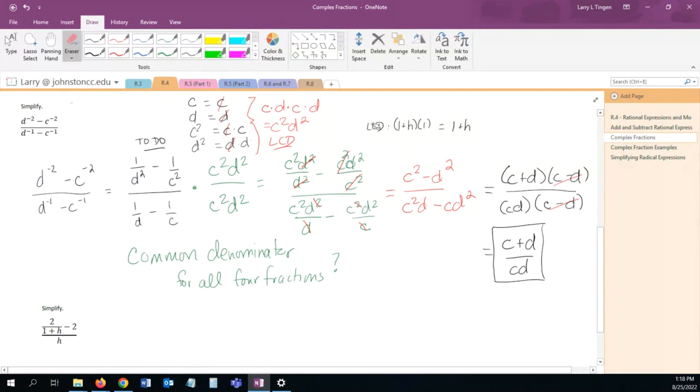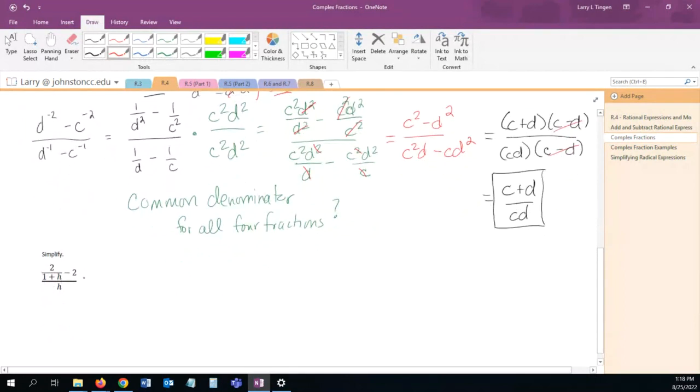So I already mentioned up here the LCD for the numerator of the next problem. Well, this is, again, 1 plus h minus 2. Anytime I have an integer, I can rewrite it as itself over 1, because dividing by 1 does nothing. And so I have a numerator that has 2 fractions in it.